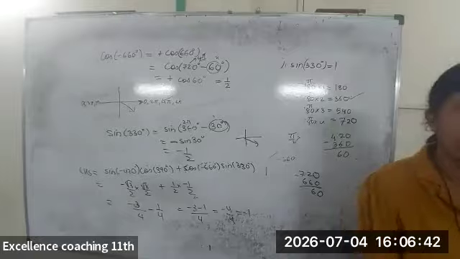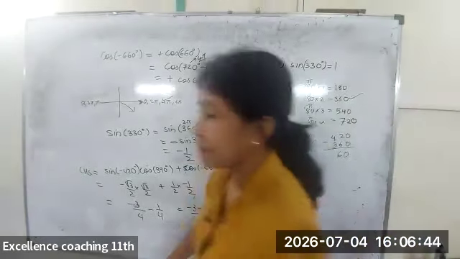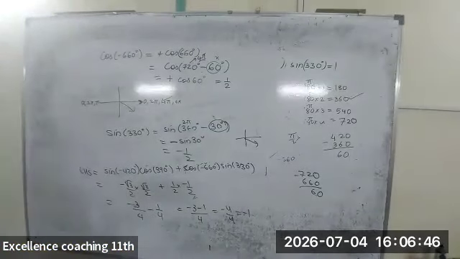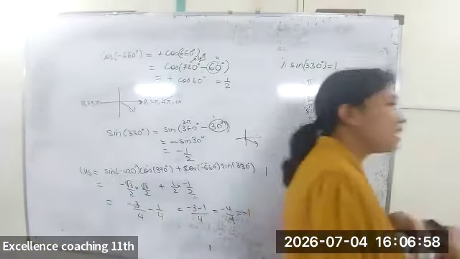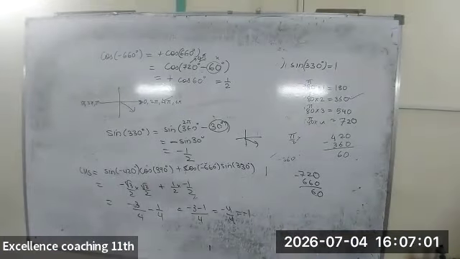Okay, now I can do the second one in a similar way. Directly cot of 405, all those values you find out. Now once you understand the rules, any angle that comes, you know how to solve it.